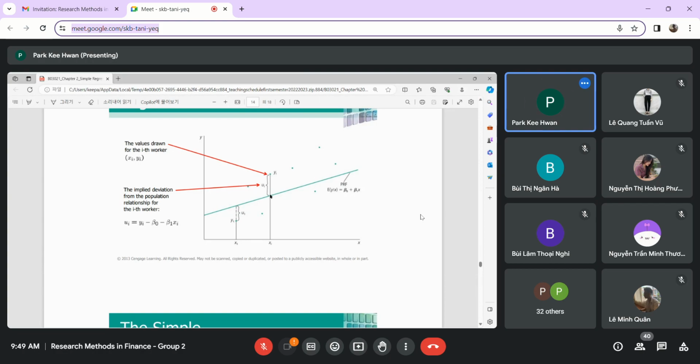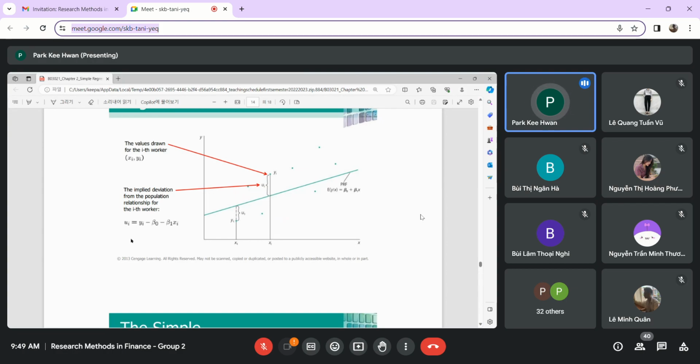Now then the difference, which we call the ui, this we call the error, is the difference between the actual wage and the point. This is the average wage rate given this value of x in the population.